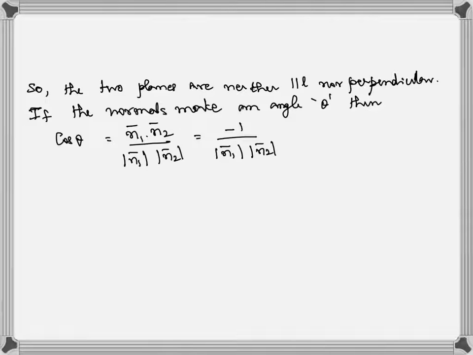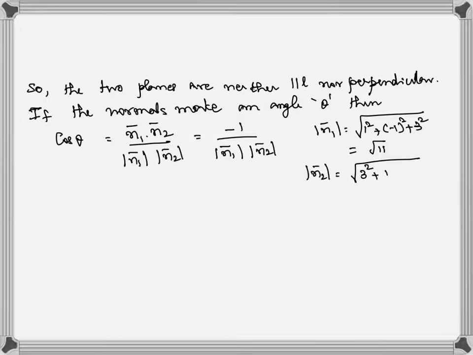The length of the vector will be the square root of x component squared plus y component squared plus z component squared. So for n1, it's the square root of 1 squared plus negative 1 squared plus 3 squared, which will be square root of 11. In the same way, the length of n2 will be the square root of 3 squared plus 1 squared plus negative 1 squared, which will also be square root of 11.